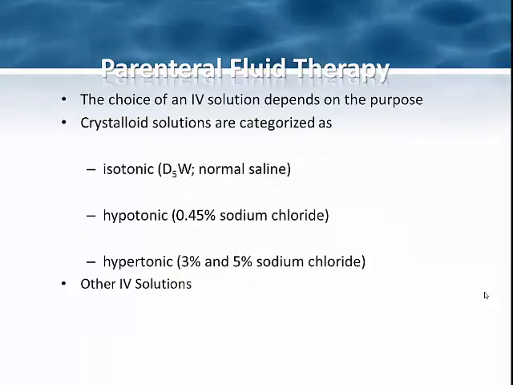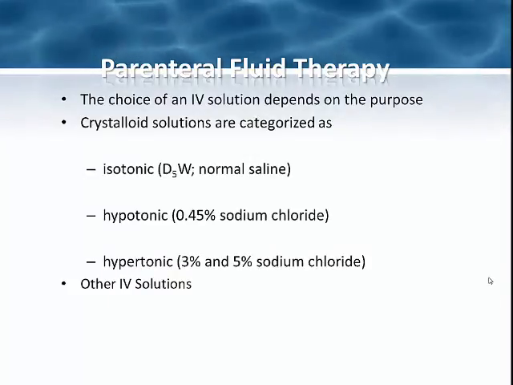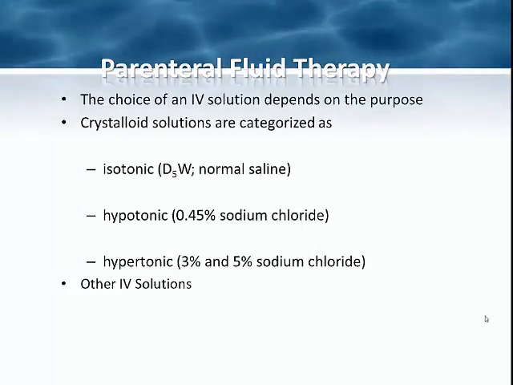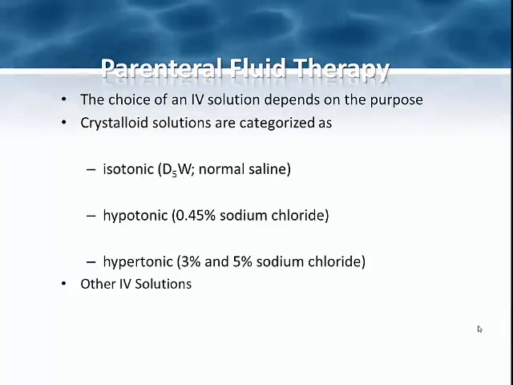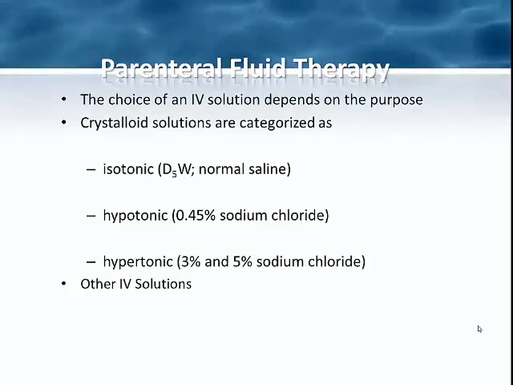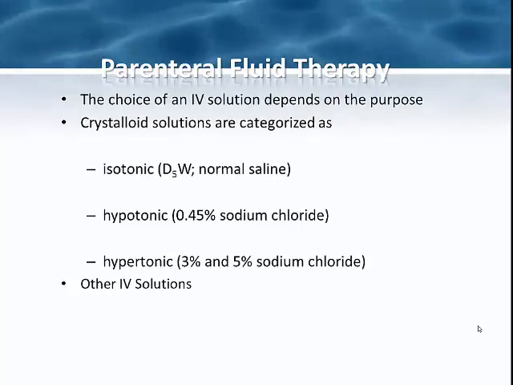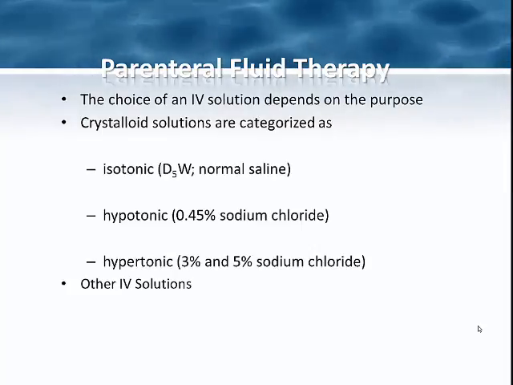The final part of this podcast will be going over parenteral IV fluids, and I really want you to refer to your book to go over the different kinds of IV fluids. This is really a review, but the three different kinds are isotonic, hypotonic, and hypertonic.